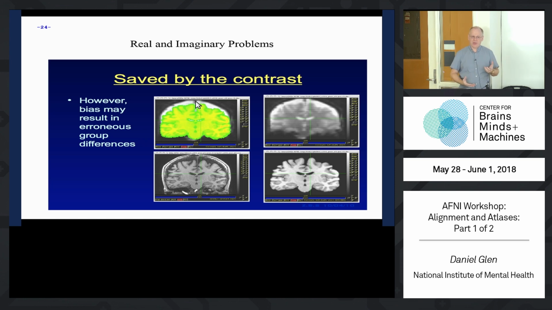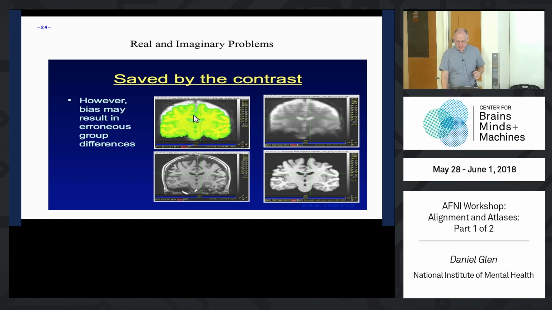So that was a clue that there may have been a different way of looking at it. This anatomical data set has been skull stripped and it's sitting over our EPI data set. But if you look at the original anatomical data set, you can see that for this particular subject, there's a lot of CSF around the brain.